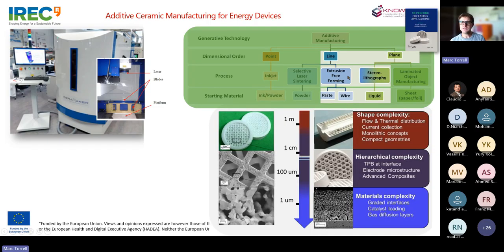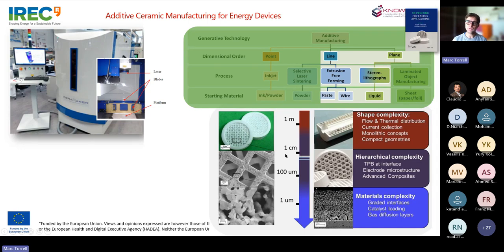With these technologies, we can improve solid oxide technology at different scales: from shape complexity at the centimeter scale, to hierarchical complexity in scaffolds and microstructures at a lower scale in the range of hundreds of microns, and also material complexity at an even smaller scale.